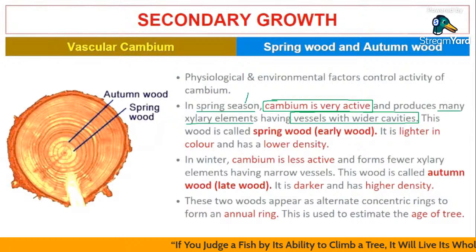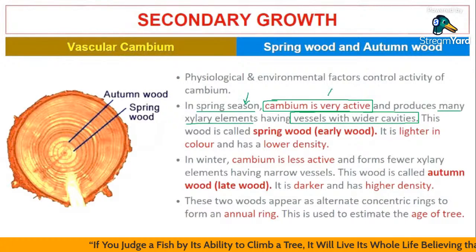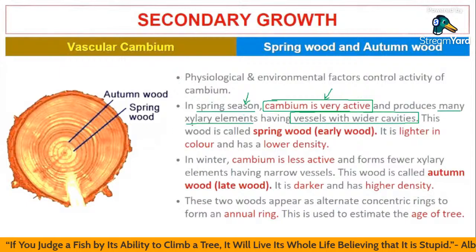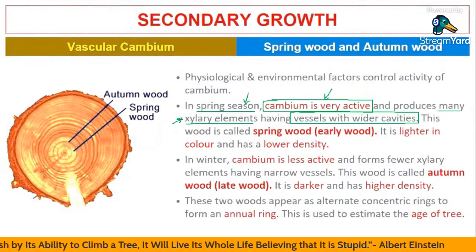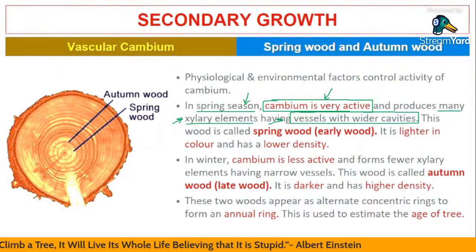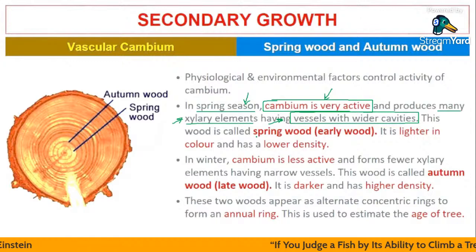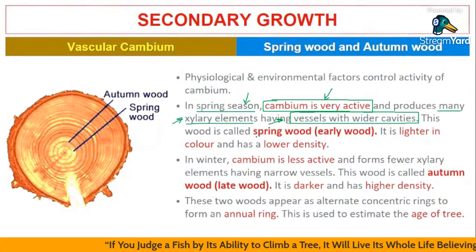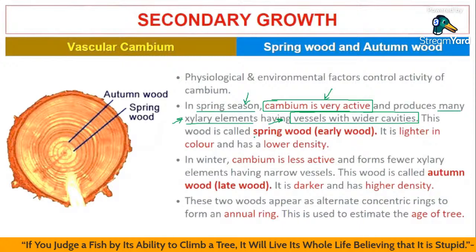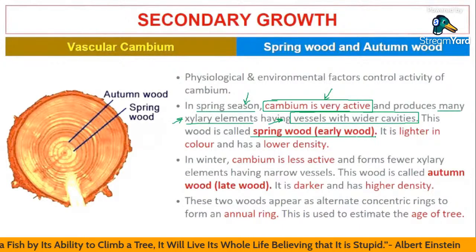You have to write, in case of the spring season, cambium activity is very active and many xylem elements are produced having vessels with wider cavity. This wood, which is formed during the spring season when the cambial activity is very high, where the xylem elements having wider vessels are formed, is known as spring wood or early wood.